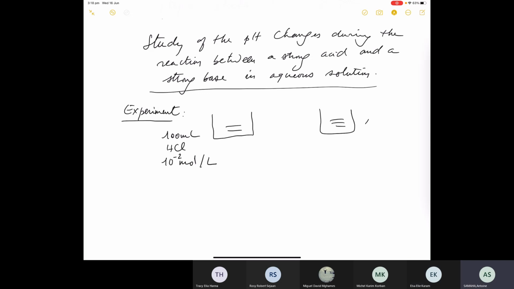The second one, 100 milliliters NaOH, 10 negative 2 mole per liter. We measure the pH of each solution. The pH of the first one is equal to 2. The pH of the second one is equal to 12.